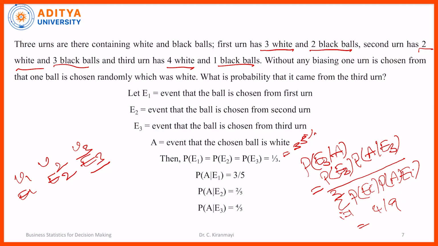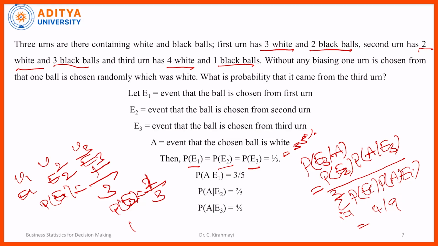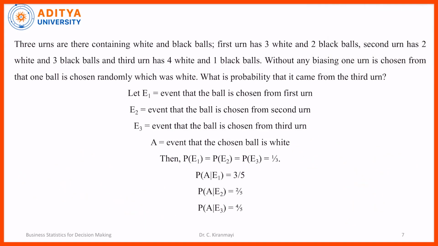For the first urn, total there are 3 urns, and there is only one favorable event, therefore P of E1 is 1 by 3. Likewise P of E2 is 1 by 3, and P of E3 is also 1 by 3. So this is the information we are initially given.